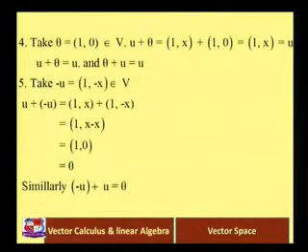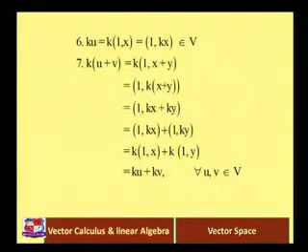So this is also true for all u belonging to V. We can find minus u, that is (1, -x). If u is equal to (1, x), then we take minus u equal to (1, -x), that is the negative of u in addition. So u + (-u) is equal to theta, and similarly we can prove that (-u) + u is equal to theta. So the first 5 conditions for addition we proved quite easily, right? So let's see the next 5 conditions.